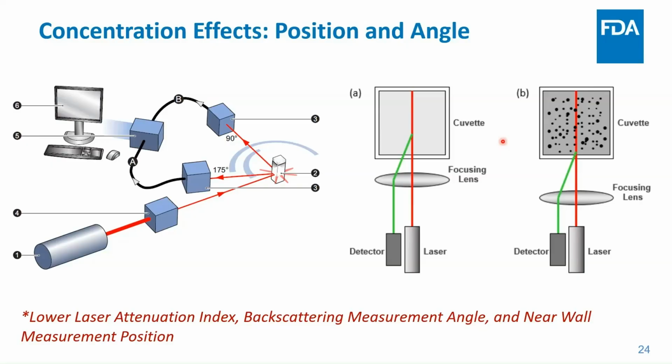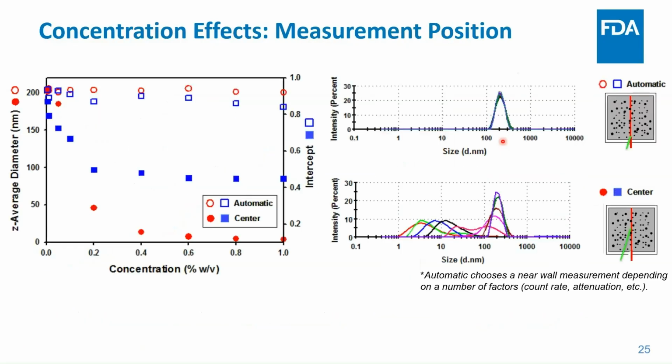And so what this looks like in practice is something more like this. So this is slightly busy, but on the left hand side we have the Z average diameter. And this is measured either via the automatic, which in this case is a near wall measurement, or in the center of the cuvette.